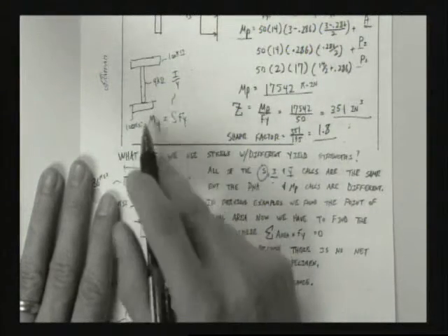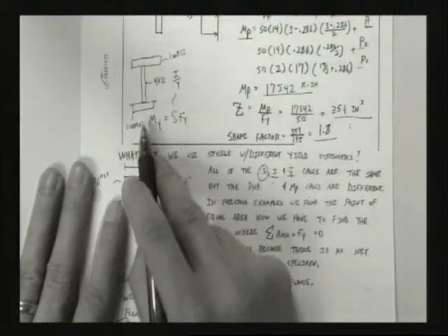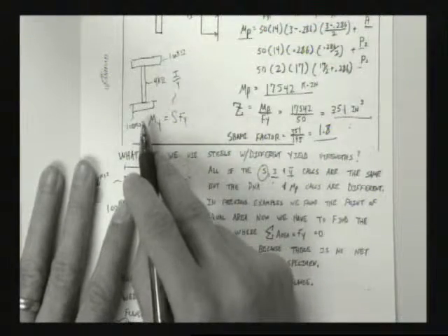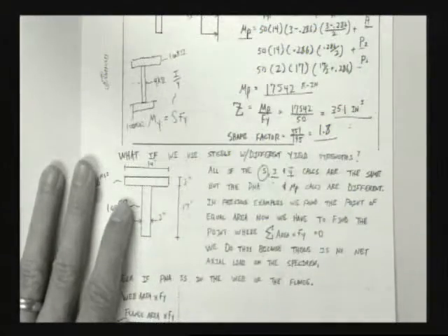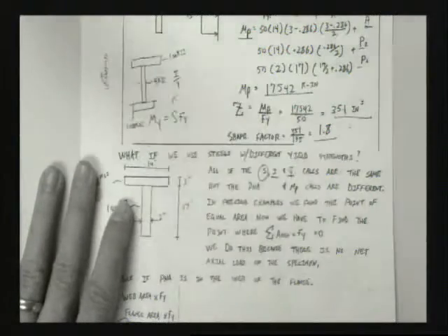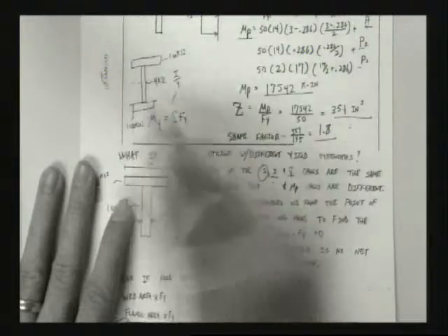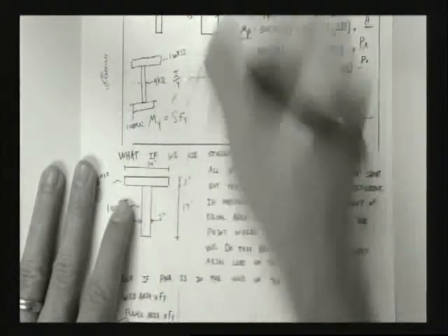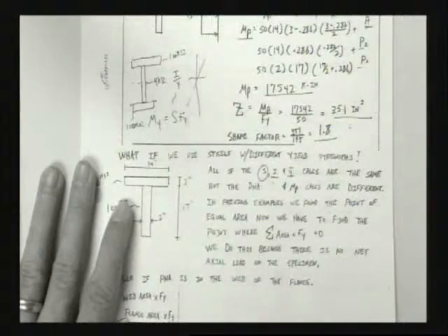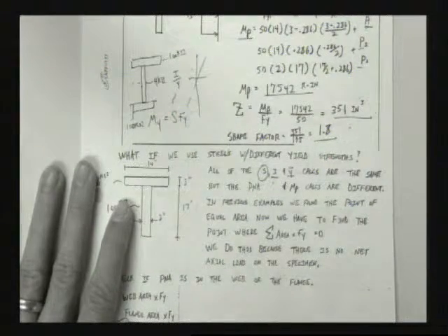So where do you suspect first yield is going to occur on a problem like this? In the web. Well, I'm going to say that's the neutral axis. You agree? If they're all symmetrical, they're all the same numbers. That's the neutral axis. We know the stress is going to look something like that, right? So we're in the web.